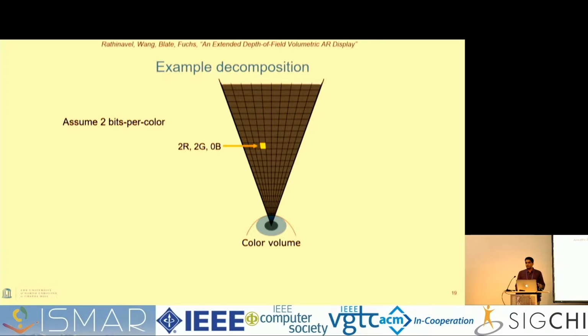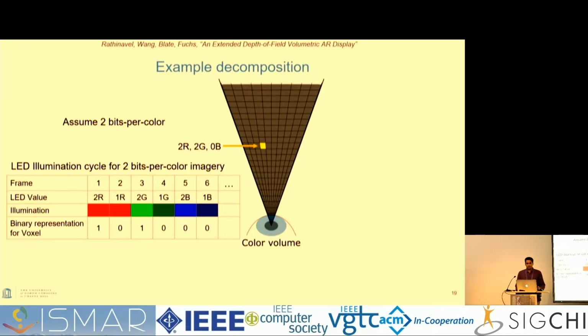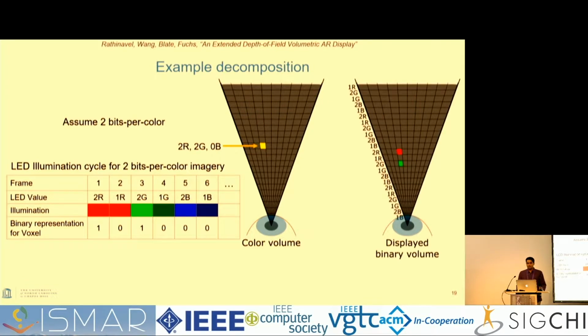Assume that you have a single pixel in a color volume, and assume that you have 2 bits per color. And let's say that this voxel that we want to represent is 2 green, 2 red, and 0 blue. So the binary representation for this voxel is given here, and the corresponding binary volume will look like this. So basically, we chose the nearest 2 red and 2 green for this voxel.